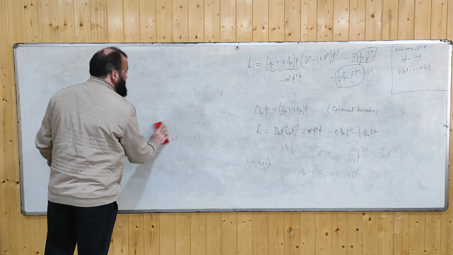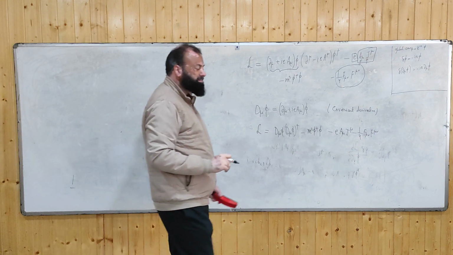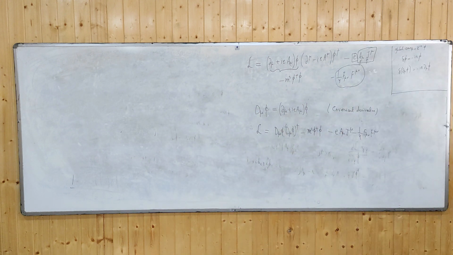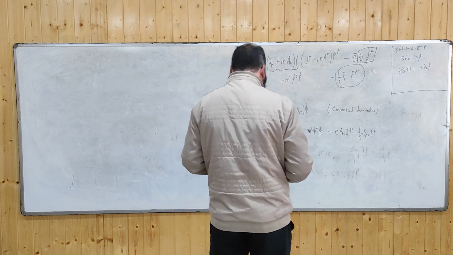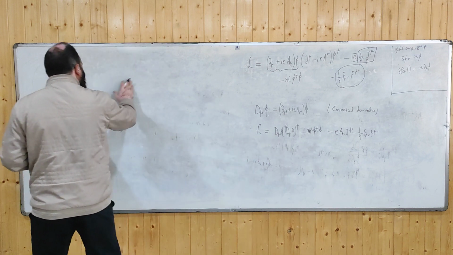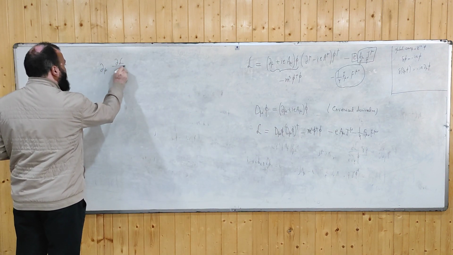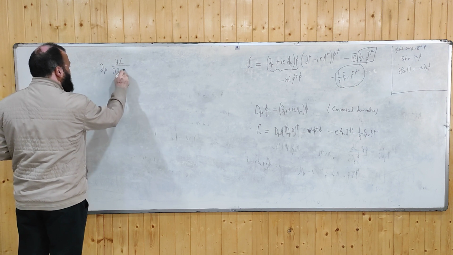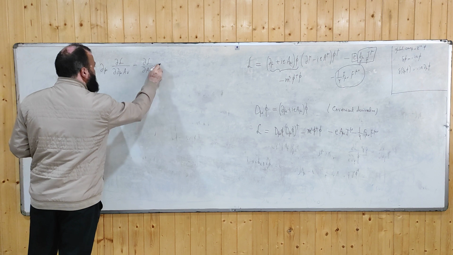From this Lagrangian, let's write the Euler-Lagrange equations. It is not simply the J mu, it's actually the gauge covariant J mu. So let's consider the equation of motion for the A field. You have partial mu of partial L divided by partial (partial mu A nu) minus partial L by partial A nu is equal to 0.